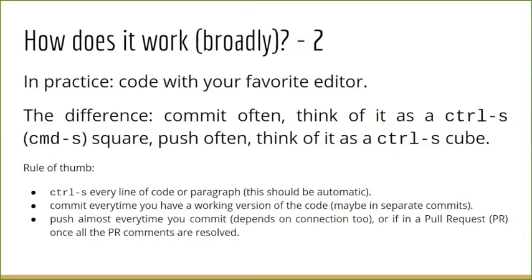And maybe it should be in separate commits because you want to name each commit differently, but it can also be in one commit. I personally push almost every time I commit, but it depends on the connection, and it depends on the practice you have. For example, in a pull request, some people don't want too many pushes because it might be overwhelming in terms of notifications.